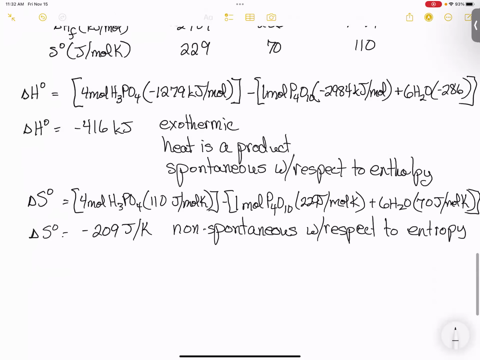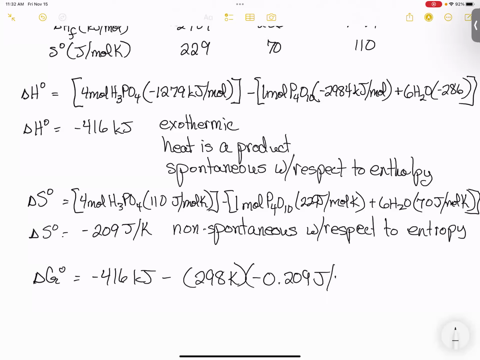Okay, so our delta G is going to equal negative 416 kilojoules minus T, 298 Kelvin, times negative 0.209 kilojoules per Kelvin. I mean, excuse me, kilojoules per Kelvin.